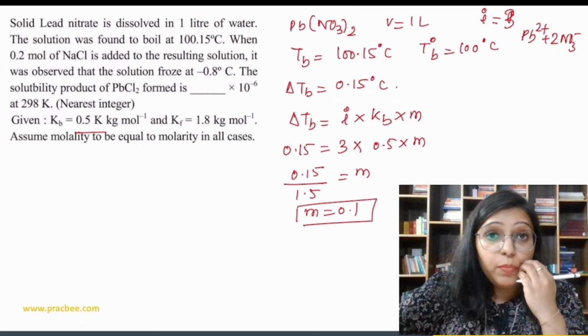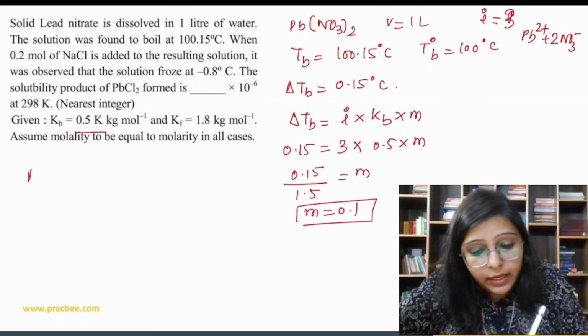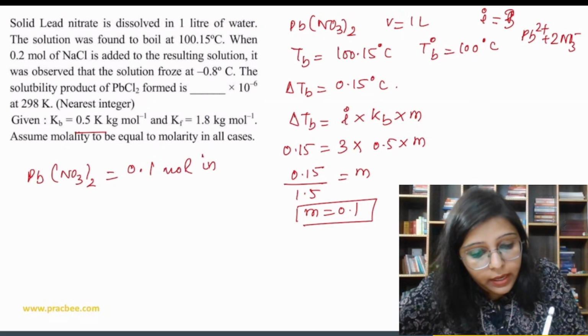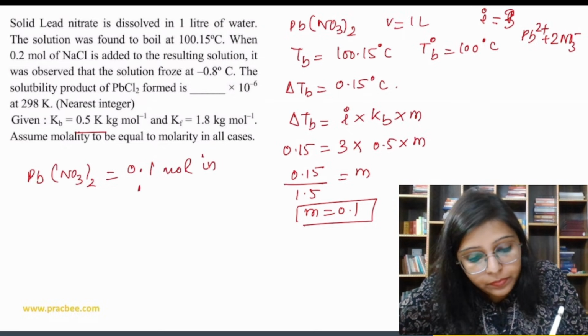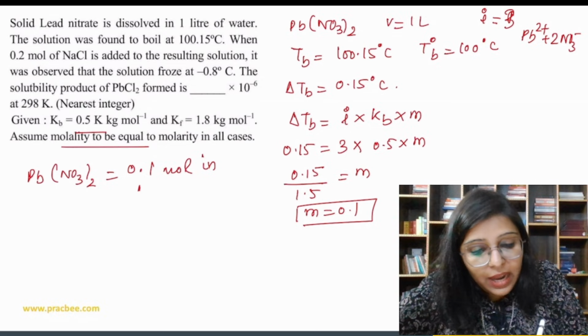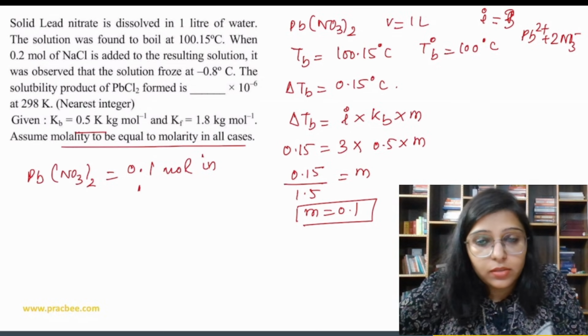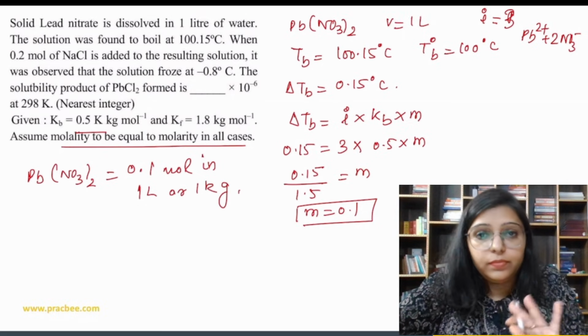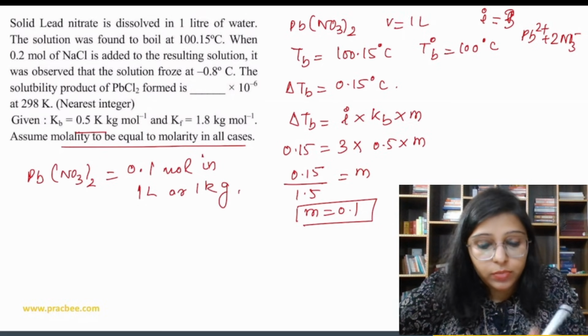It means 0.1 mole of lead nitrate is present, right? Molality and molarity are the same in all cases, so 0.1 mole in 1 liter or 1 kg. We can assume this.